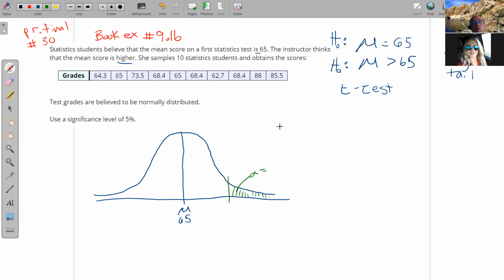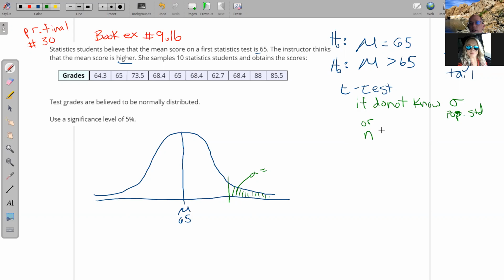Okay, the t, we choose a t statistic for two reasons. One is if you do not know the population standard deviation, do not know sigma. And sigma, again, is the population standard deviation. And the other reason we use it is for a small sample size.